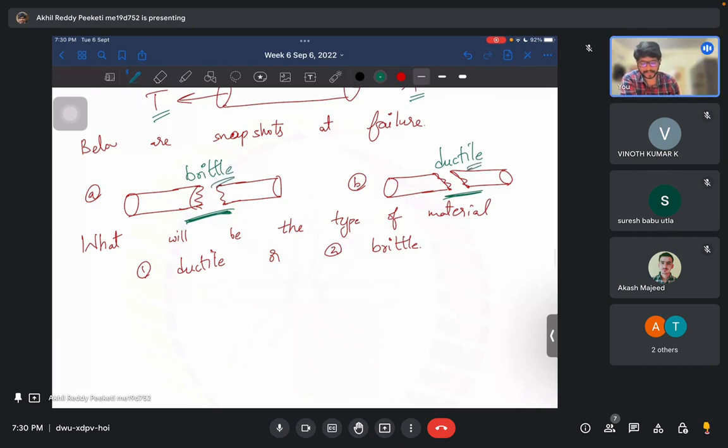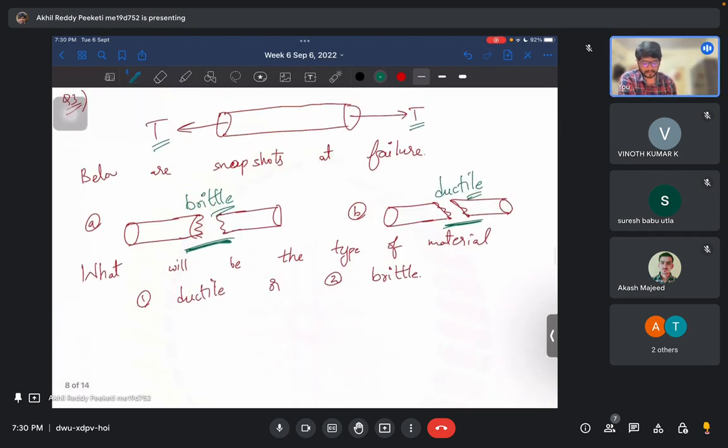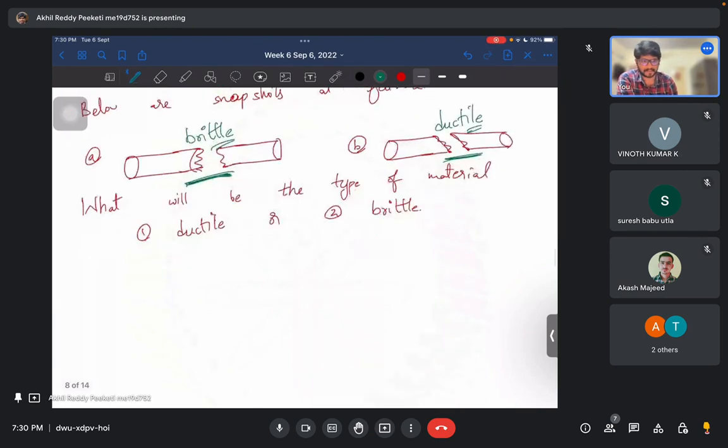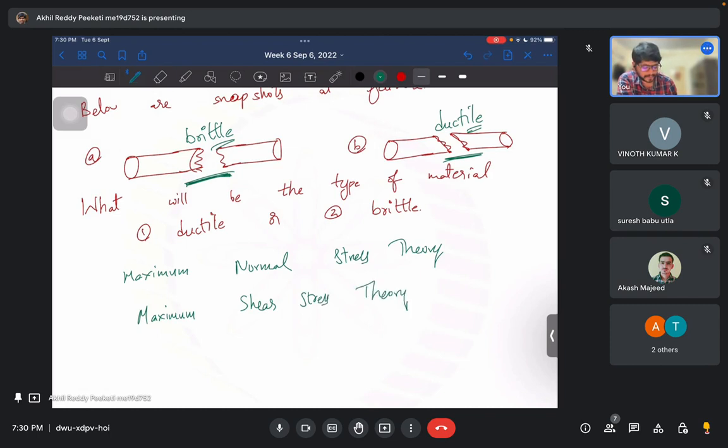Okay, so the reason we will see now. We discussed the maximum normal stress theory and maximum shear stress theory, right? And do you know which to apply to what type of material systems?